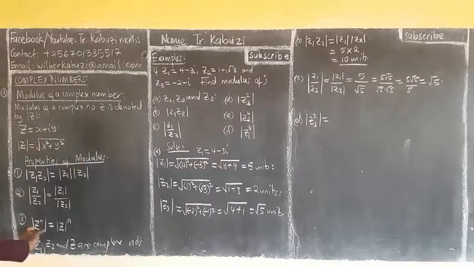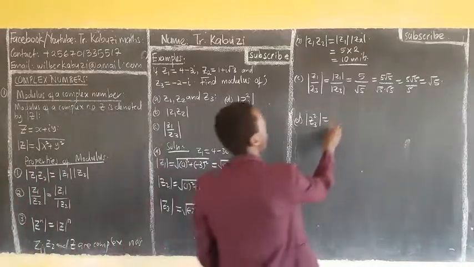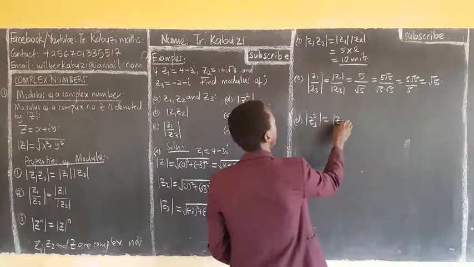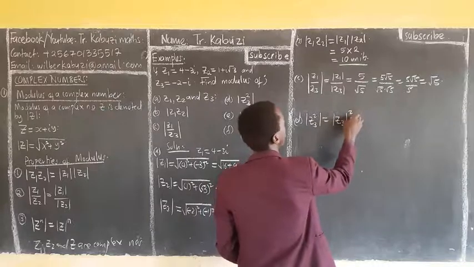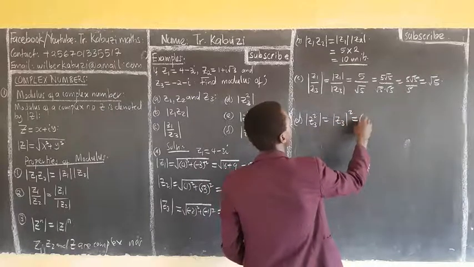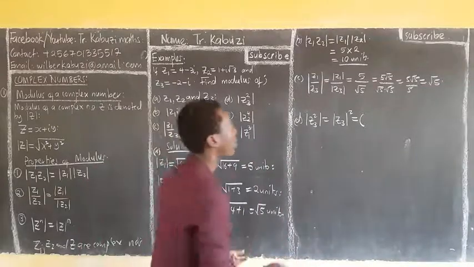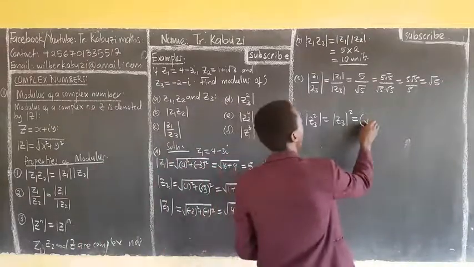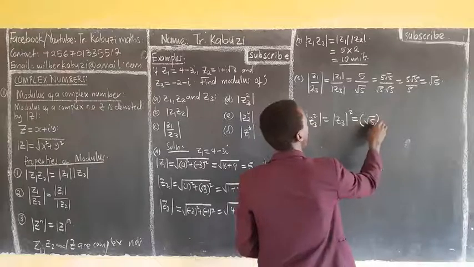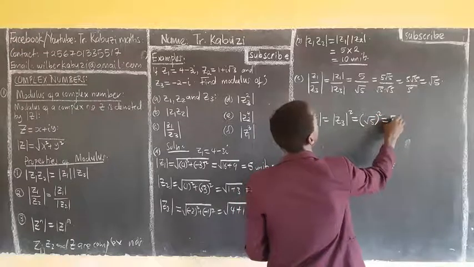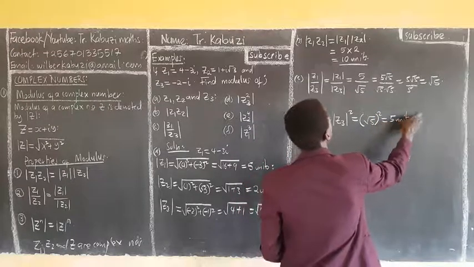You get the modulus of that z, then you put the power outside. So this one is going to be the modulus of z3 squared, and you saw that the modulus of z3 was root 5. Then we are squaring it, which will give us 5 units.